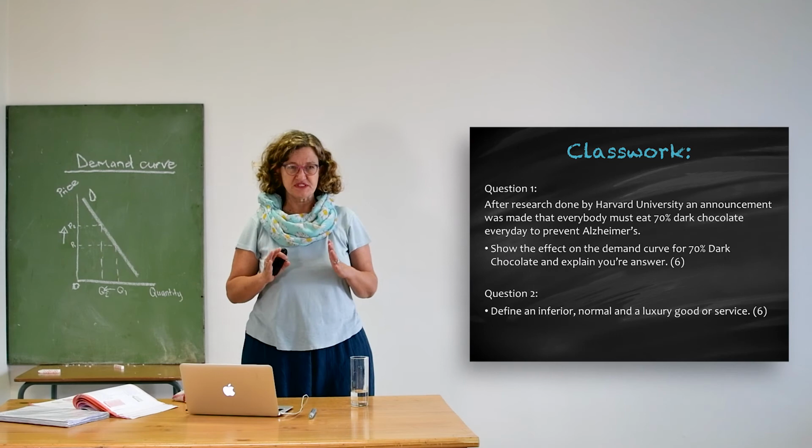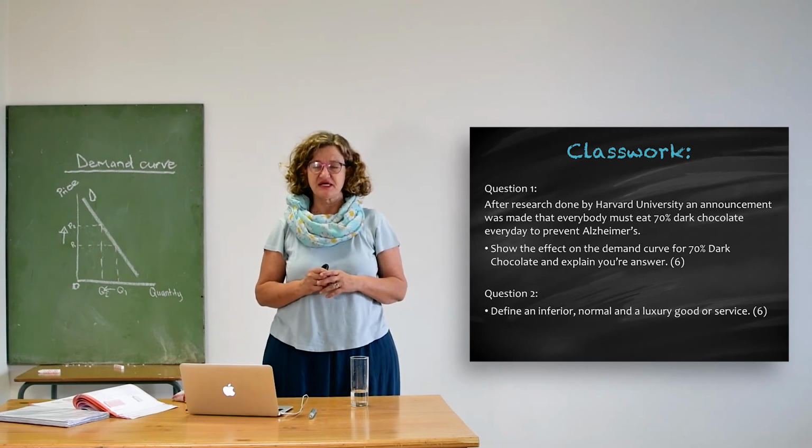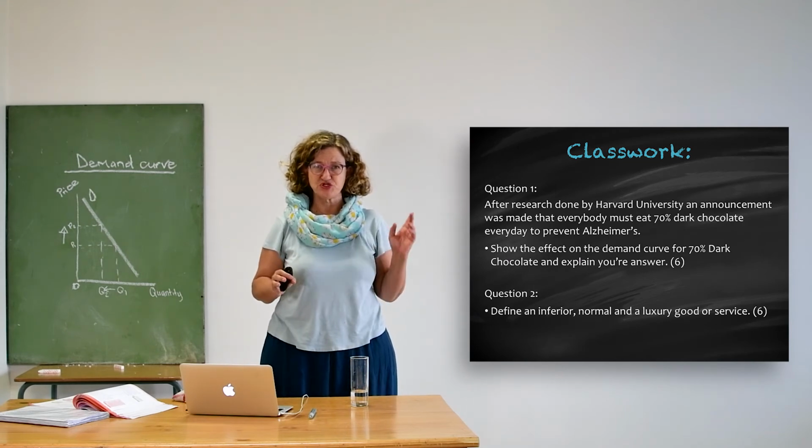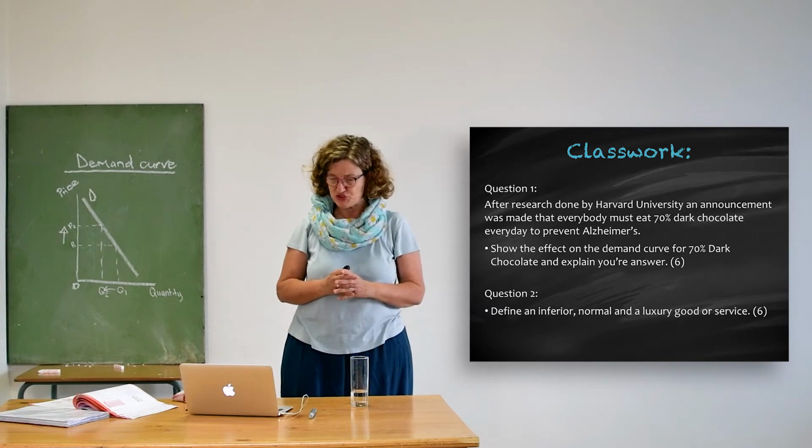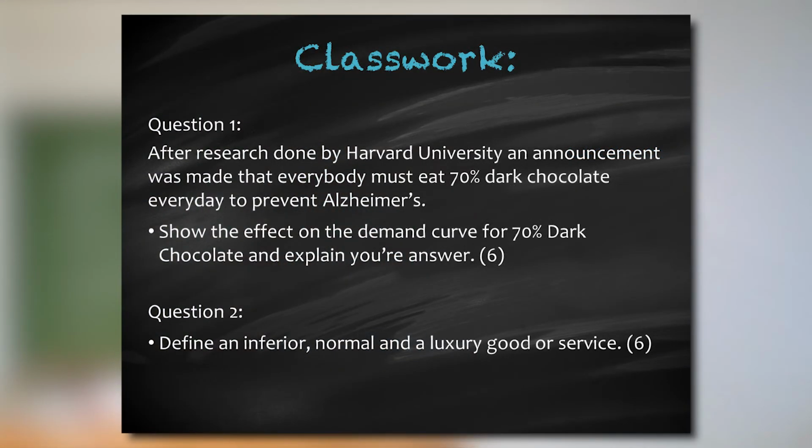Okay, you will see on the next slide that I give you a classwork question, and there are two questions. The one is about the paragraph that says after research done by Harvard University, an announcement was made that everybody must eat 70% dark chocolate every day to prevent Alzheimer's.